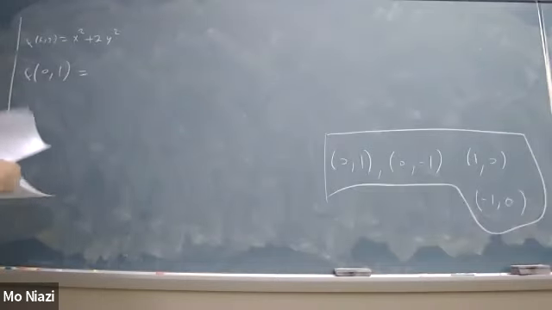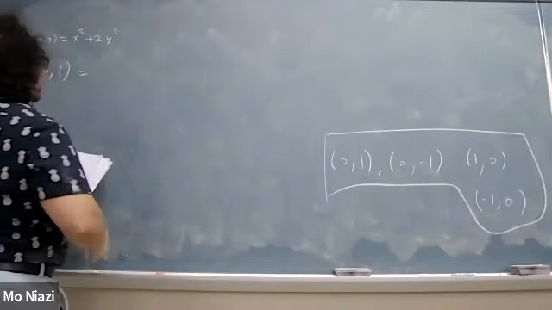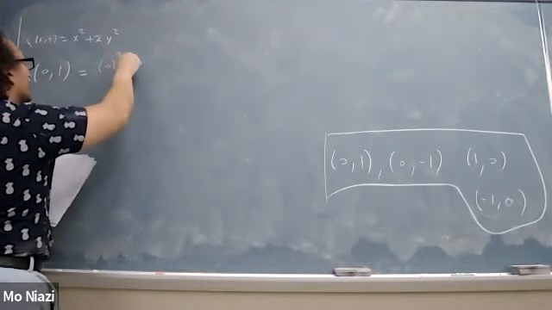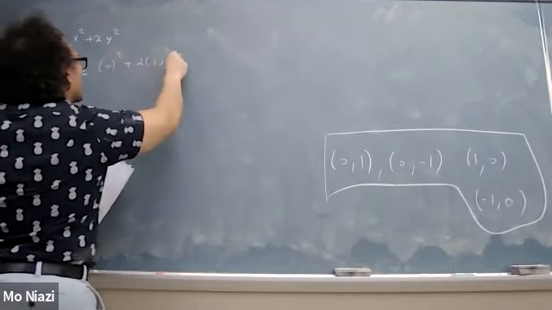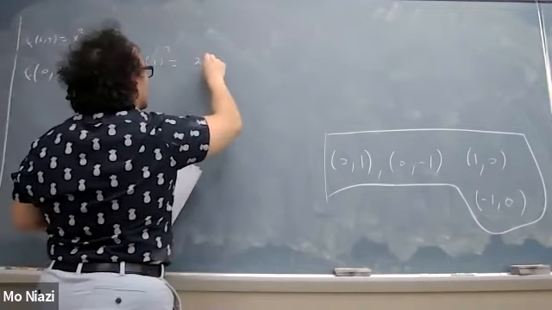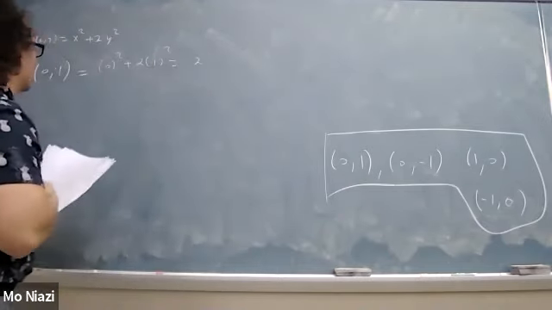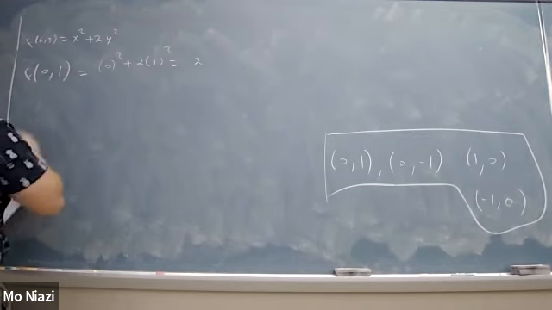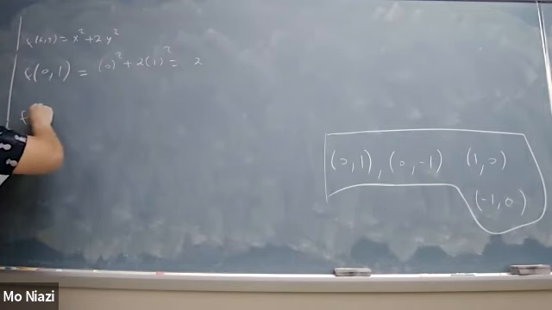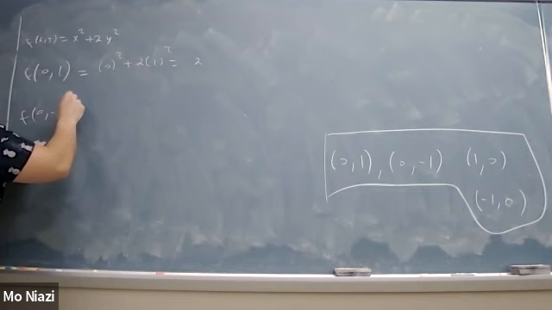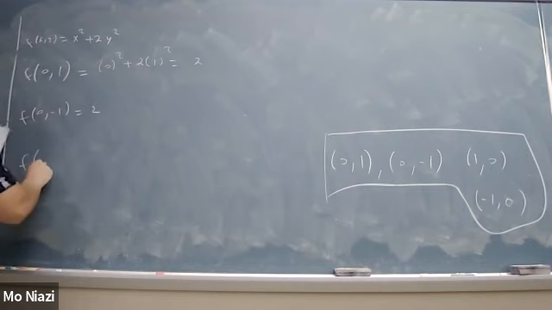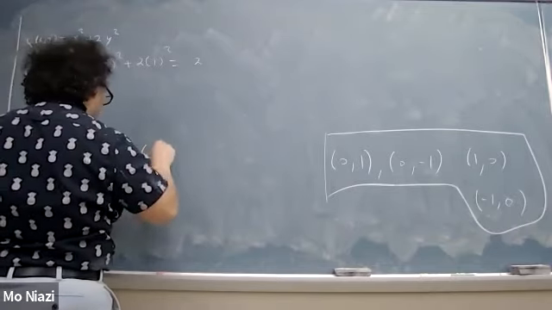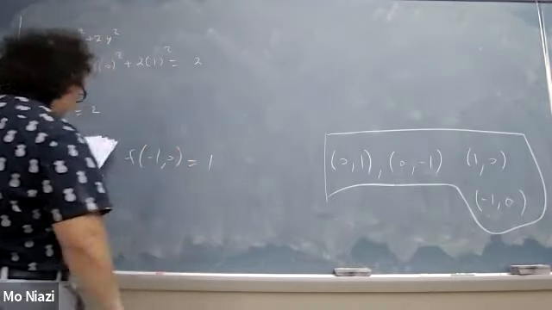So f of 0, 1 becomes 0 squared plus 2 times 1 squared, which is 2. Similarly, f of 0, negative 1 outputs the same thing. f of 1, 0 will output a 1, and f of negative 1, 0 will output a 1.